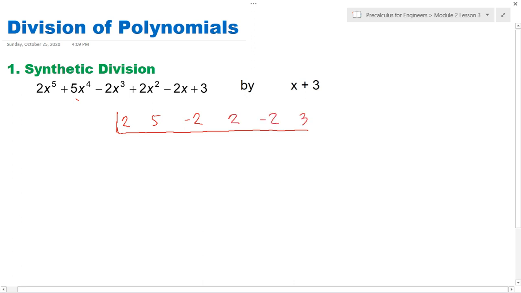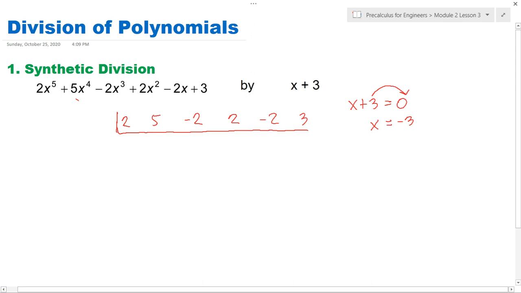How about our divisor, class? Again, you equate x plus 3, which is our divisor, to 0. Then transpose this, so we have x equals negative 3. Because when you transpose a number to the other side, it becomes negative, and if it is negative on one side, when you transpose it, it becomes positive. Just the reverse.